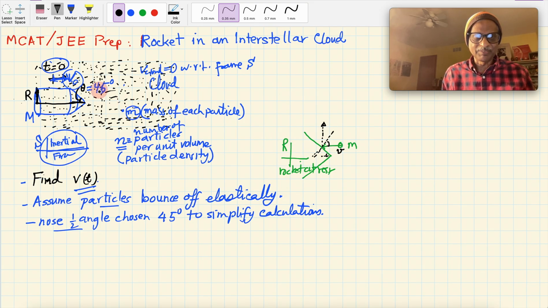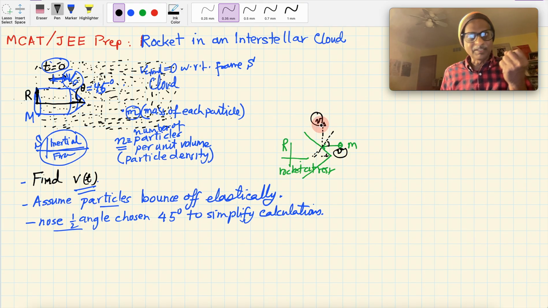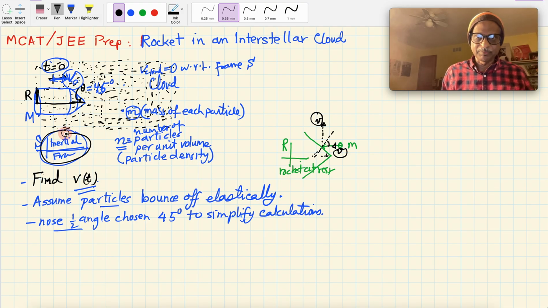So this particle comes in with v, say at some time t it is v. Initially it will be 0, and then at some other time v. It's going to come out with the same speed because it's elastic, bouncing up elastically and holding on to its kinetic energy, right? So the speed is v, and the direction change is already known. So you'll have exactly the same vector diagram with respect to this frame.